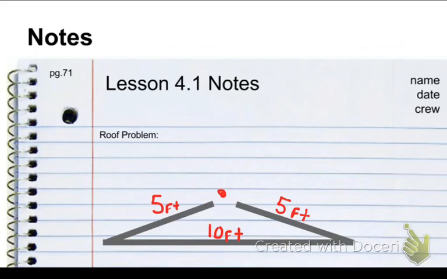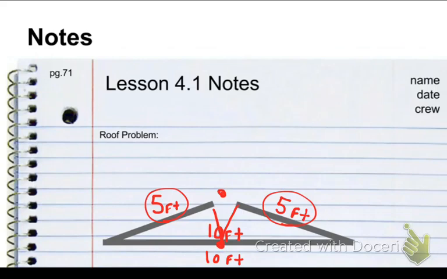What's going to happen? Well, both sides are going to fall down and they're not going to join. They're going to meet halfway in the middle. And is it going to form a triangle? No, it's not going to form a triangle because the two sides together, my 5-foot side and my 5-foot side, are not larger than my 10-foot side. Okay? It just won't work.